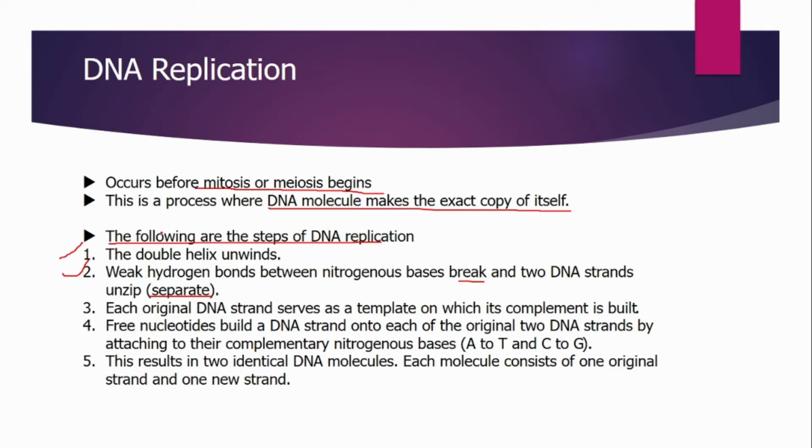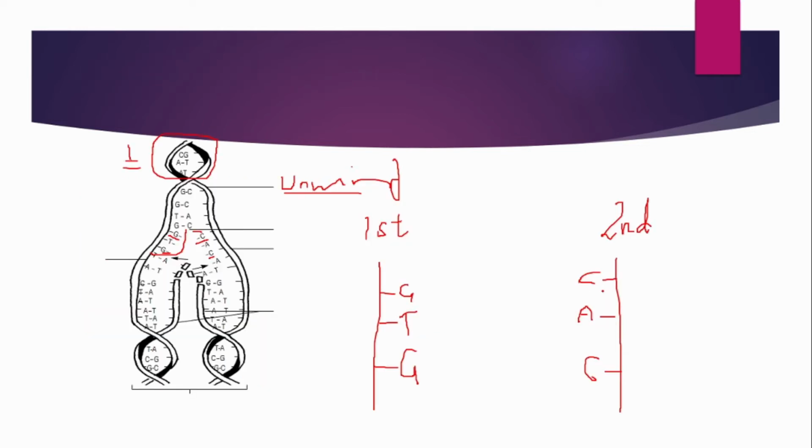Moving on to: each original DNA strand serves as a template on which its complement is built. So now on these two strands, complements are going to be built like this.